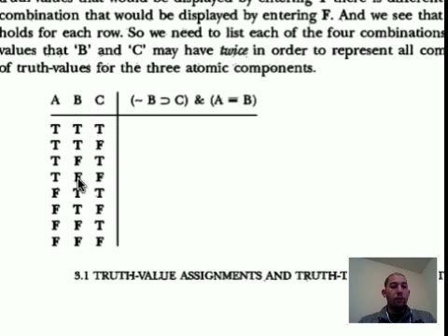So there's a pattern that you can think of when you build a truth table. You take one atomic sentence, and you assign true and false. And then if there's a second one, well, you can think of, okay, C can be true and false when B is true, and then you can repeat that again, right? So C could also be true or false when B is false.